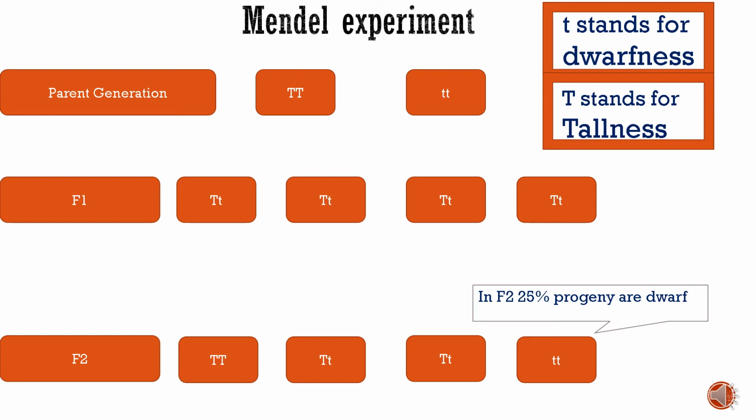In the first generation, all offspring have 50% tallness and 50% dwarfness trait in them, and as tallness is a dominant trait, it is visible in them. In the second generation, one offspring has 100% tallness, the second and third have 50-50% tallness and shortness, while the fourth one has 100% dwarfness allele. Allele is also called genes.